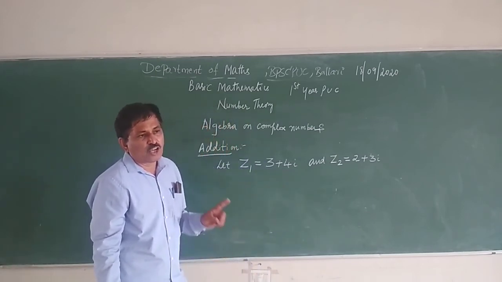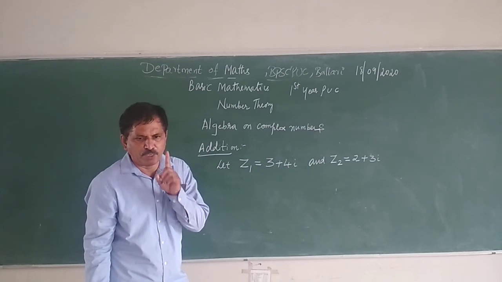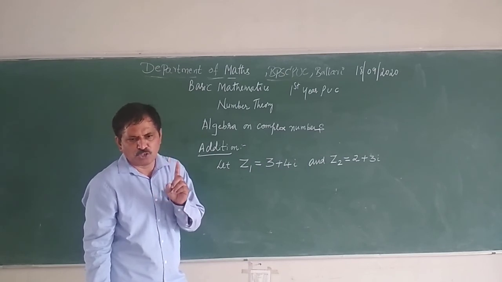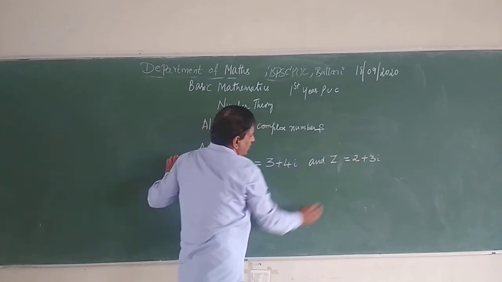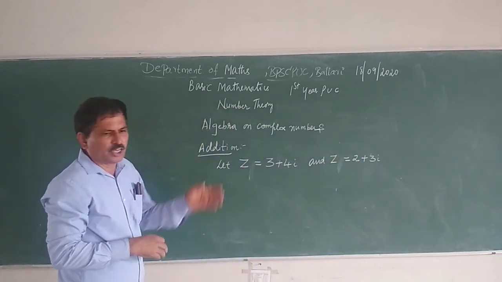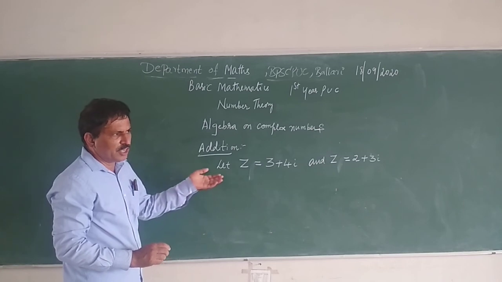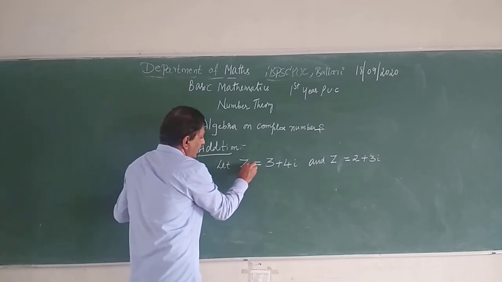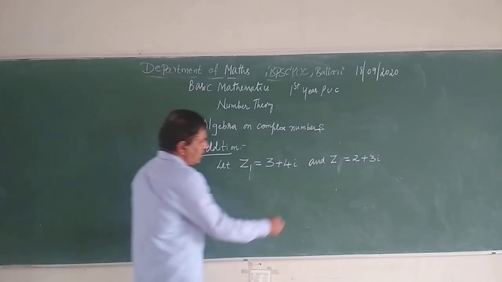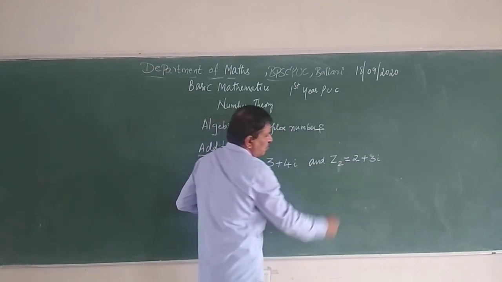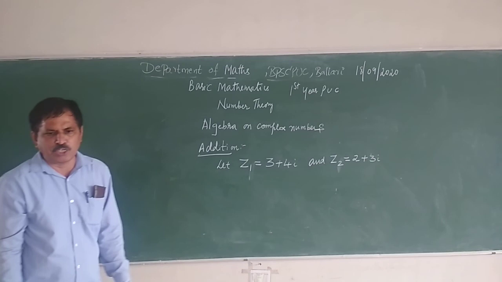I told you that complex numbers are denoted by Z. So I cannot write Z for both. Since I have taken the first, I will write this as Z1, the first complex number. Since I have taken the second, I will write this as Z2, the second complex number.